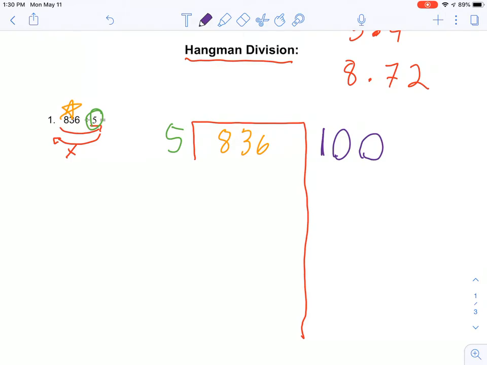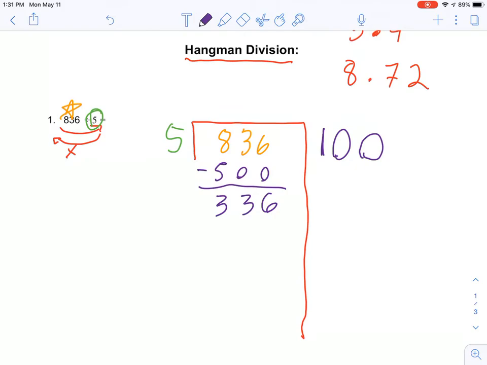Okay, 100 times 5 is 500, and then we go ahead and subtract those numbers, and what we're left with is 336. Okay, so we're still not at 0 yet. We must continue. We can't do 100 again. It's not going to give us a large enough answer.